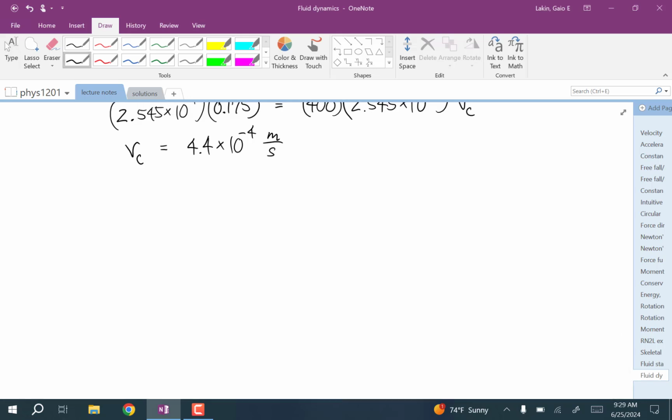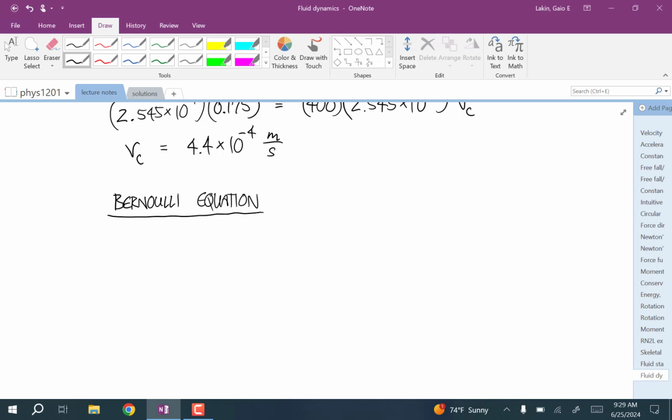The other equation that we're going to be using is the Bernoulli equation. And the Bernoulli equation is applicable along any streamline, it's called. I'm not even going to write that down.